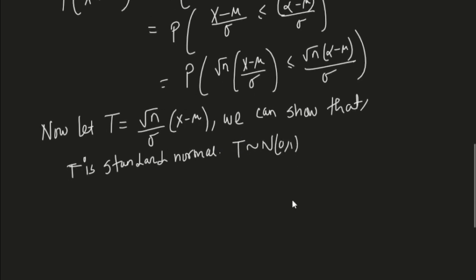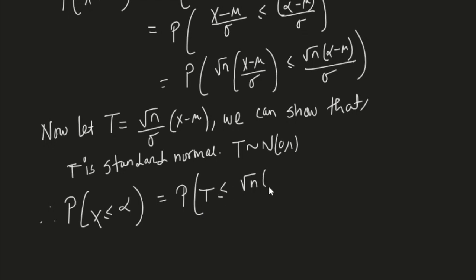So when this happens, we see that the probability of x less than or equal to alpha would just be the probability of t less than or equal to root n times (alpha minus mu) by sigma, right?